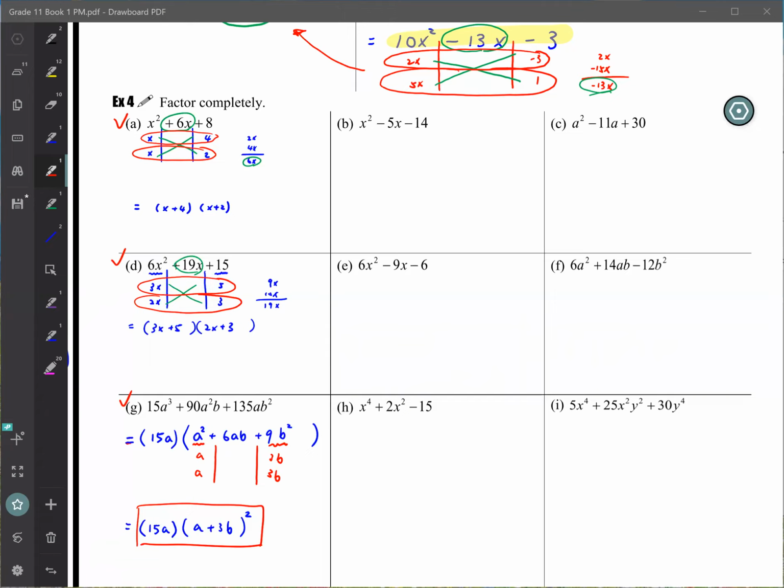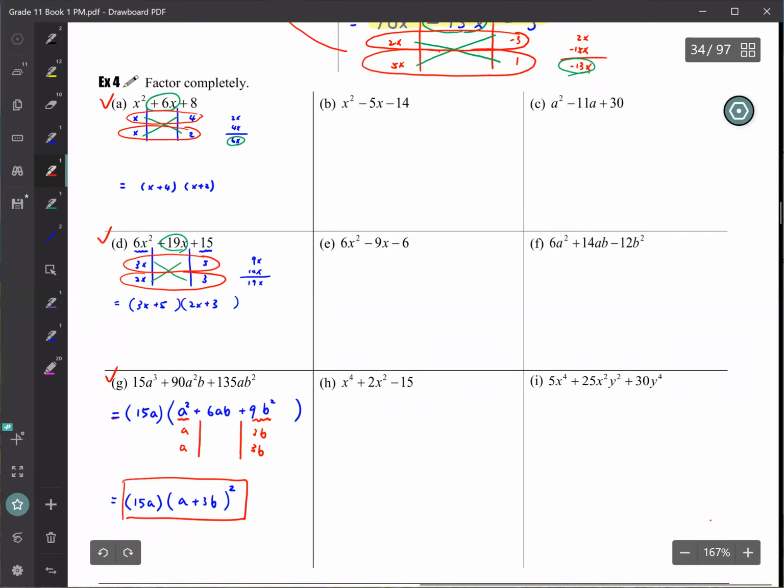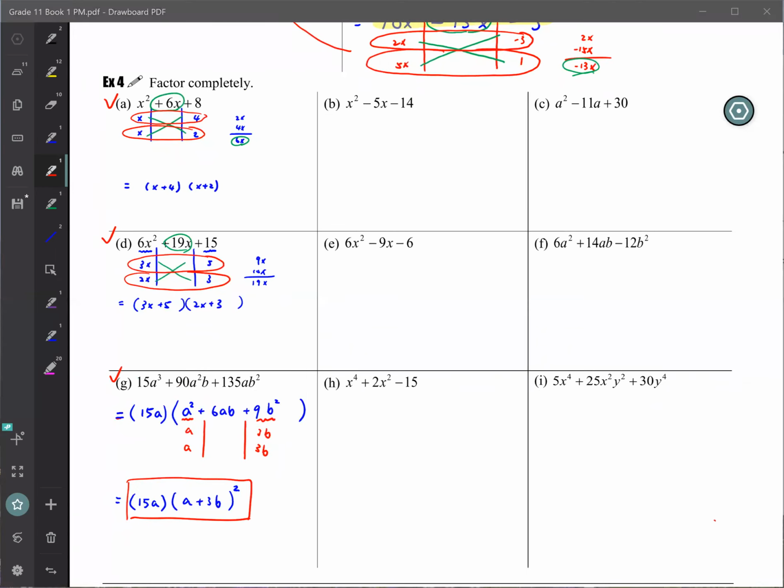Remember to raise your hand when you're done, okay, up to I. Don't forget to check GCF every time. Jason, did we do all 6? Yes, yeah, please complete all the rest.